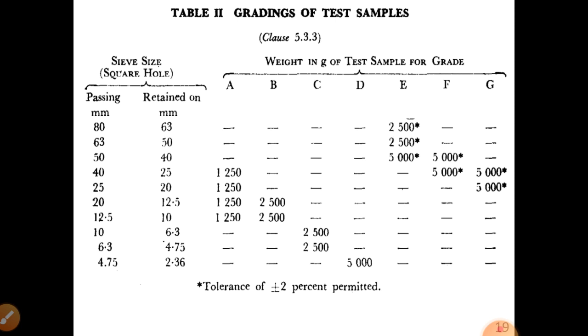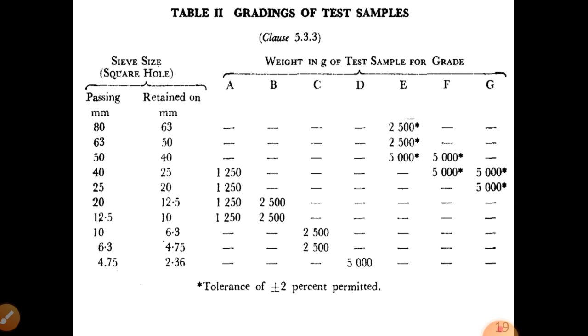For grading A, 4 different weights are shown. Each is 1250 grams. The total is 5 kilogram. The sizes are 40 to 25, 25 to 20, 20 to 12.5, 12.5 to 10.